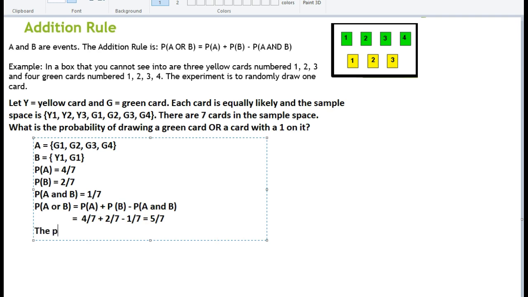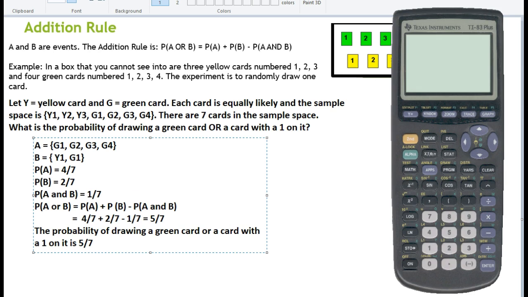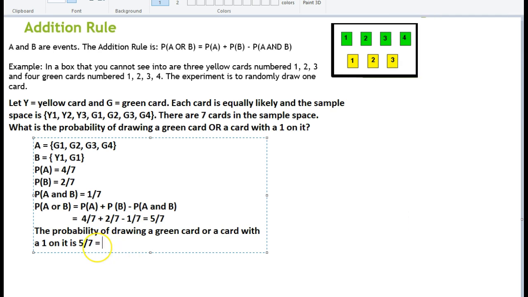So the probability of drawing a green card or a card with a 1 on it is 5/7. And if you wanted to switch that to a percentage, there's a 71.4% probability of drawing a green card or a card with a 1 on it.